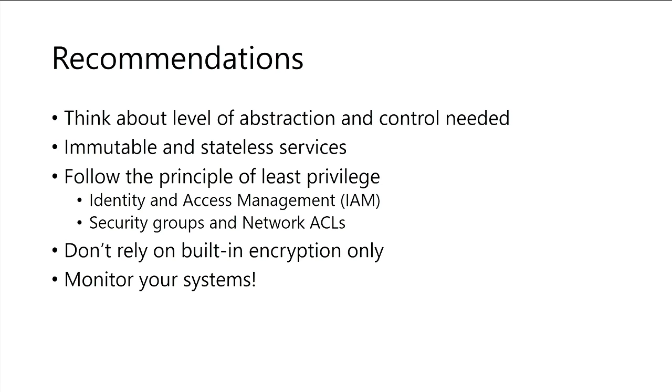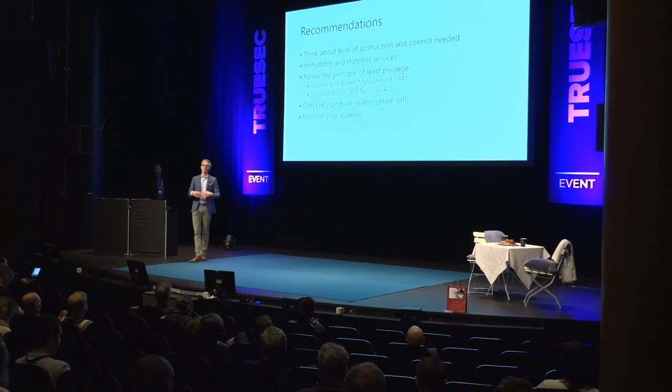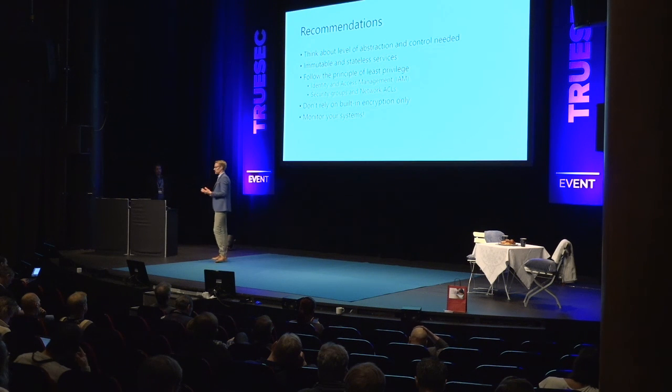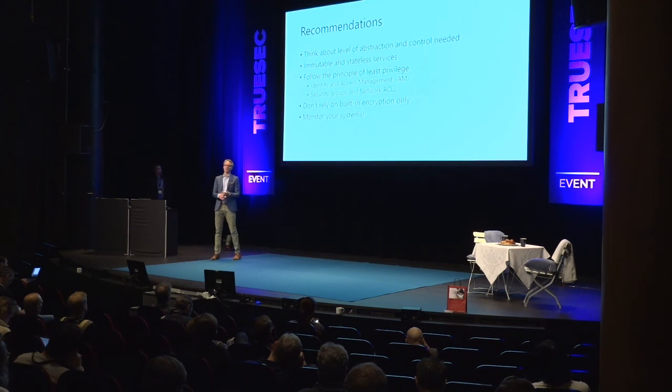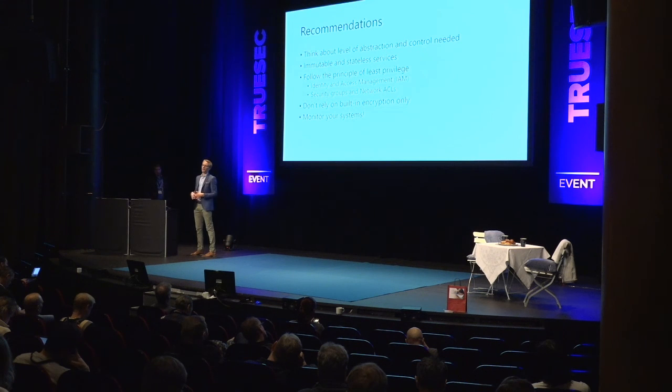Follow the principle of least privileges, because if you have automation, then there is no point in opening up to the world for everything. And don't rely on just the fact that it says encrypted or encryption. You have to understand what it means in terms of encrypted at rest and see what the actual risk is if information gets into the wrong hands.